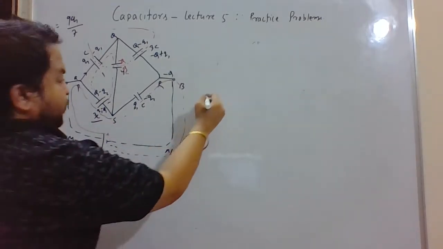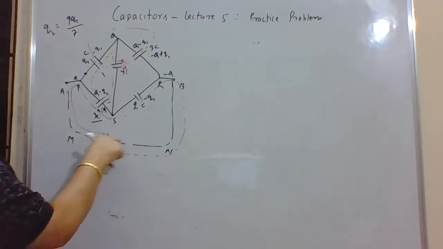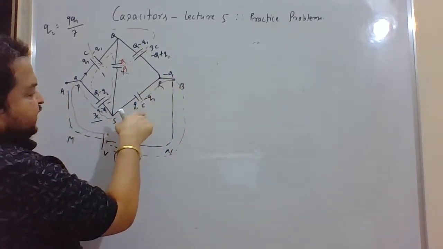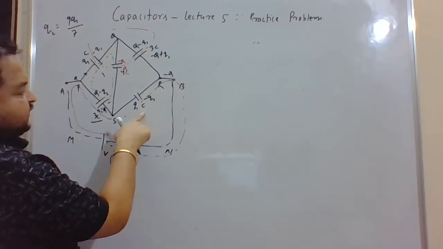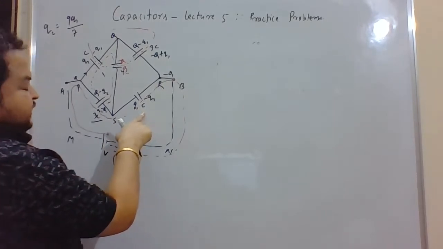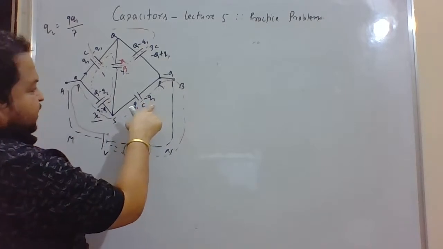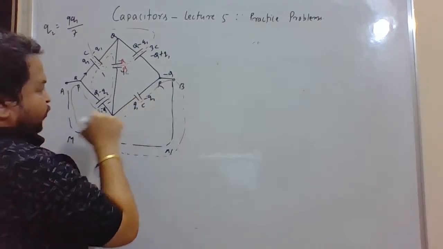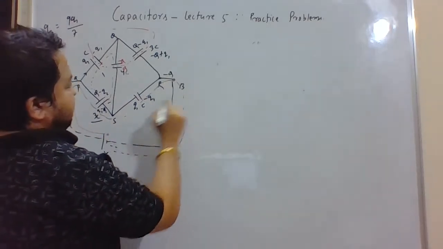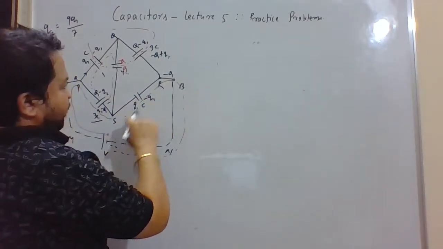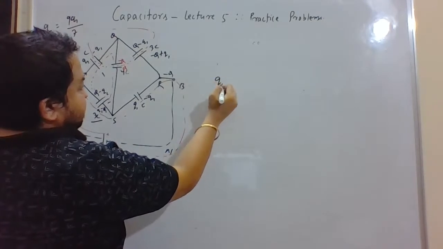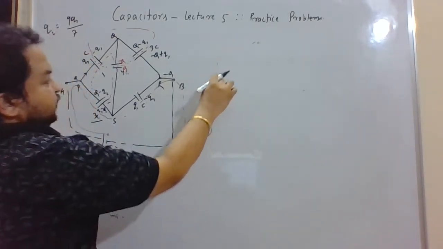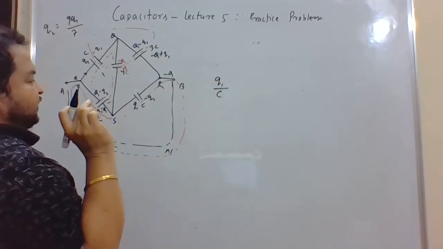Suppose I'm going along this path. The first thing that I'm encountering is this capacitor C. In this capacitor, I'm going from the negative terminal to the positive terminal, which means there's a potential gain. The potential is the charge on the positive plate of the capacitor, that is plus Q1, by the capacitance, that is C. So charge by capacitance is the potential difference.